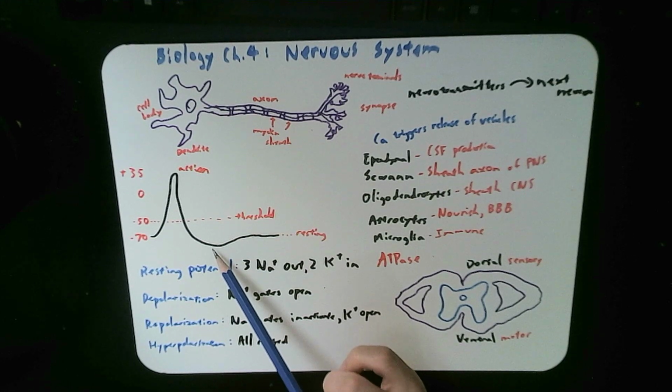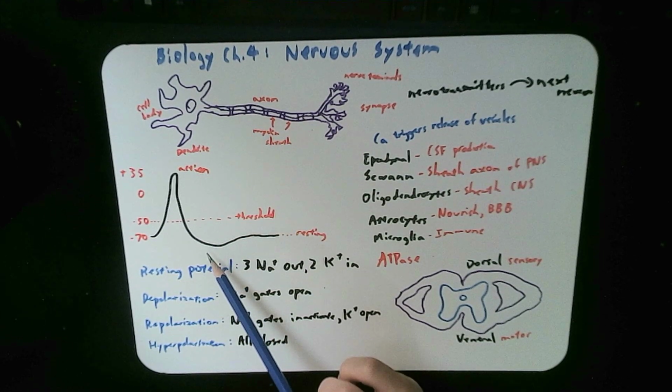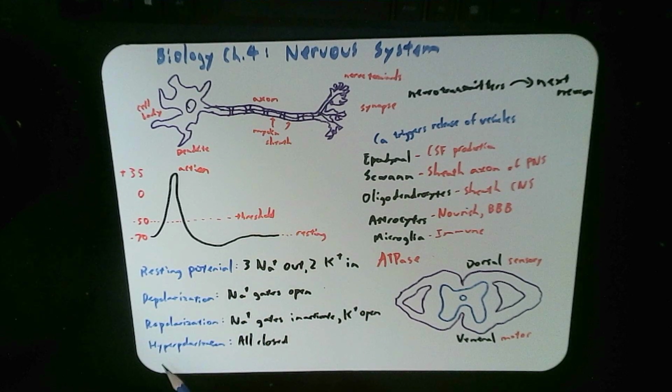It gets all the way down to negative 80, negative 90 millivolts. So it reaches hyperpolarization. The potassium gates stay open until it reaches here, where it's so hyperpolarized that every gate closes, and the ATPase slowly brings it back to the resting potential of negative 70.